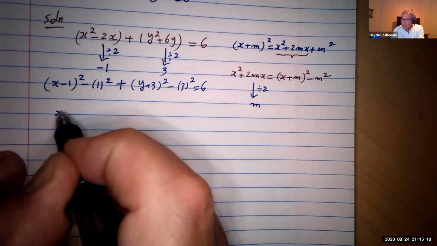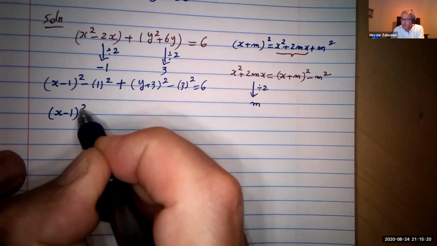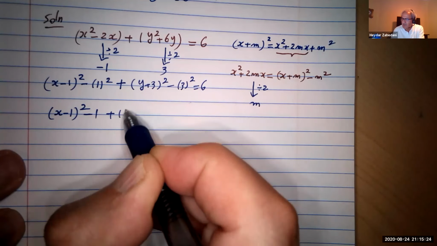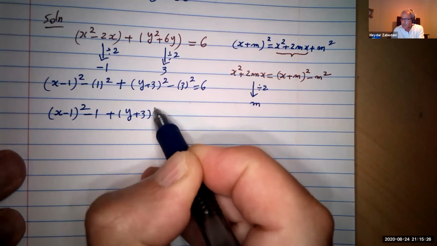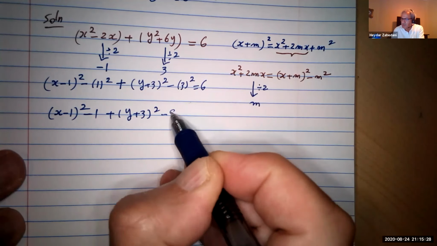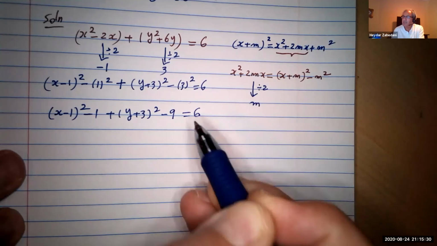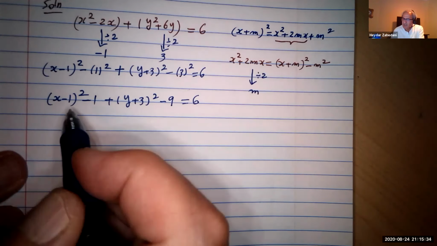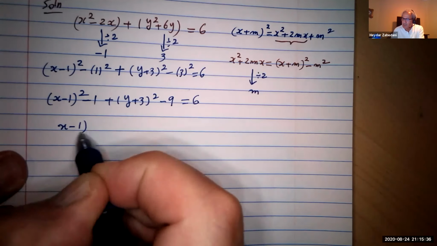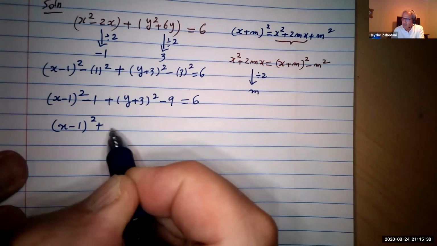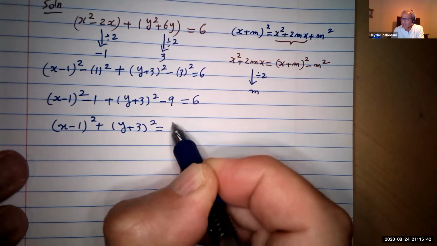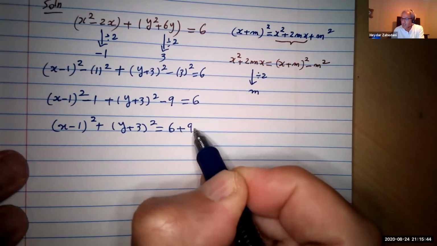So that gives us x minus 1 squared minus 1 squared, which would be 1, plus y plus 3 squared minus 3 squared, which is 9, equal to the 6. Now, if you move this negative 1 and 9 to the other side, that gives x minus 1 squared plus y plus 3 squared equal to 6 plus 9 plus 1.